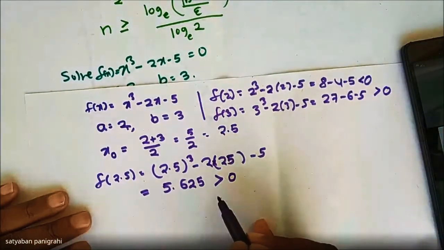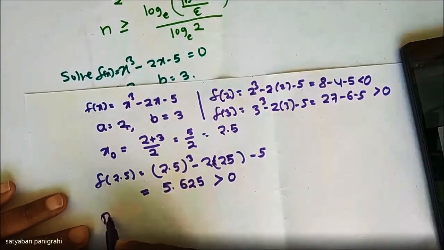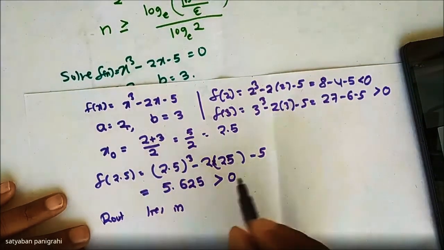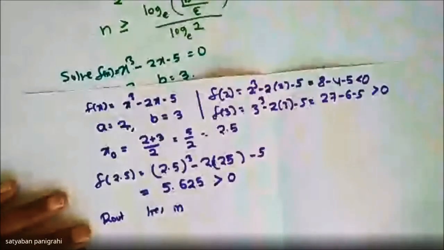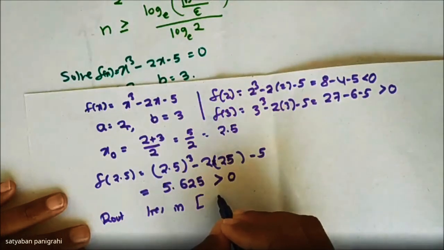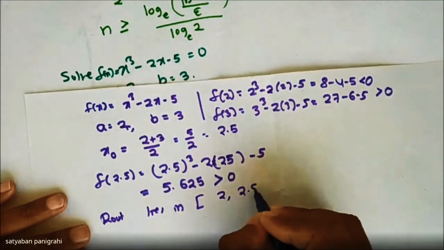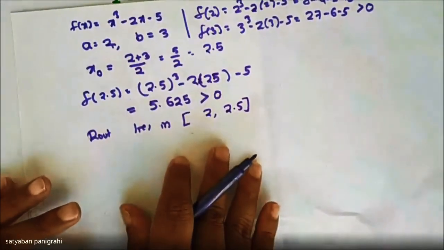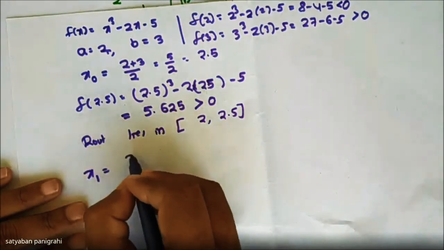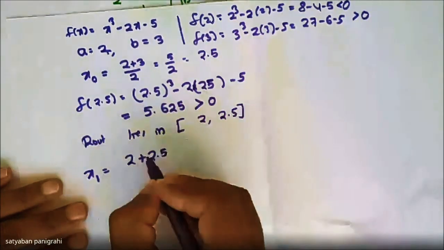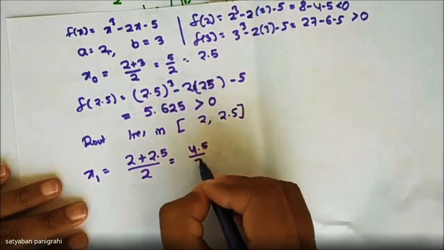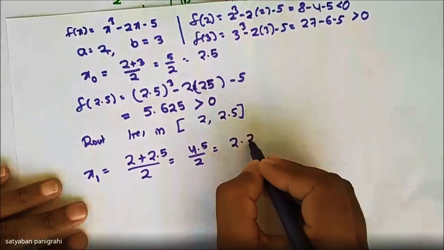So as I have got one positive, the root lies in 2 and 2.5. Now after that, I will go for x1. x1 equal to 2 plus 2.5 divided by 2, that is 4.5 divided by 2, that is 2.25.